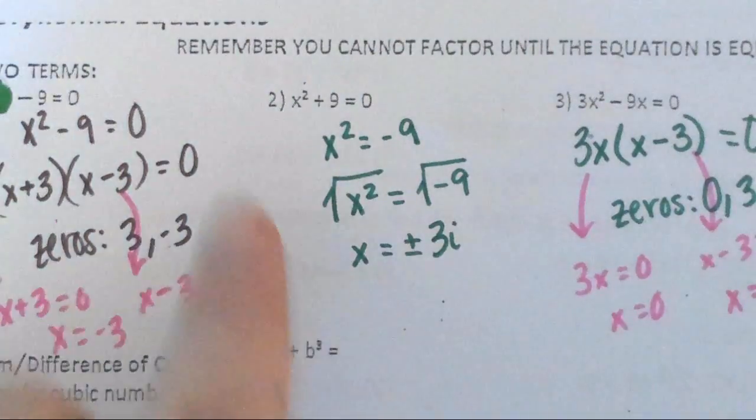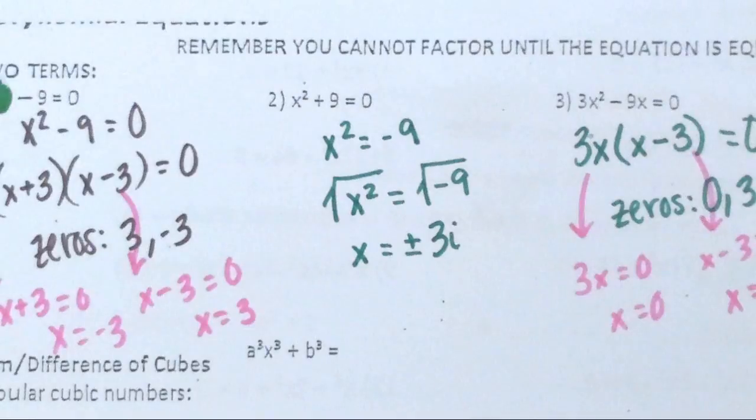So if I were to graph this one on my graphing calculator, which I'm going to type in right now, should I expect it to cross the x-axis? No. If it's an i, it's not going to cross it.